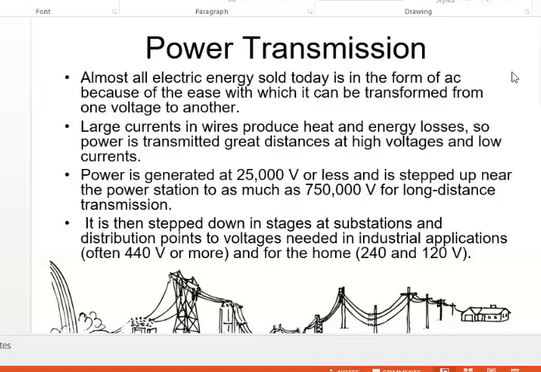This voltage is used for industrial purpose, and for domestic purpose it is used at 240 or 230 or even 220. In general, in our domestic supply, power is supplied at 220 volts from a step down transformer. So for domestic purpose, power is drawn at 240 or 220 to 120 volts.